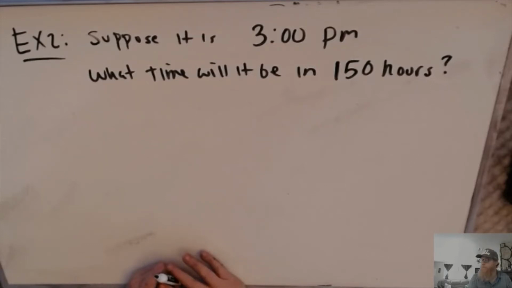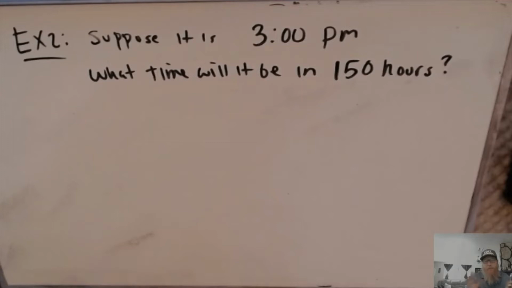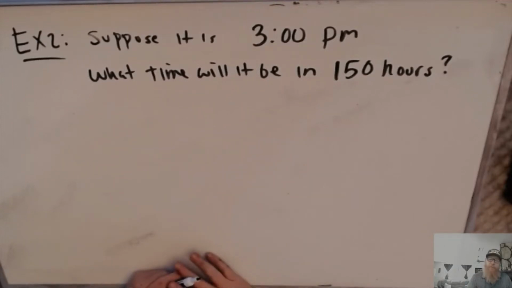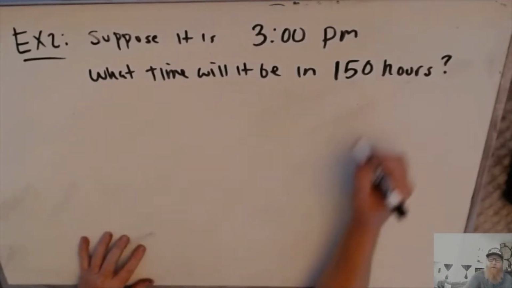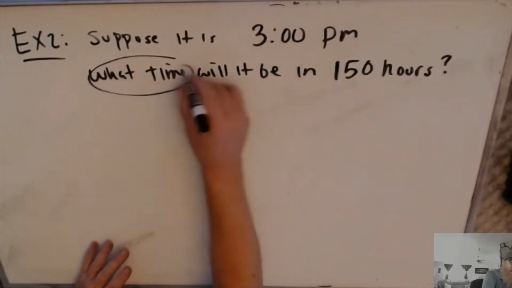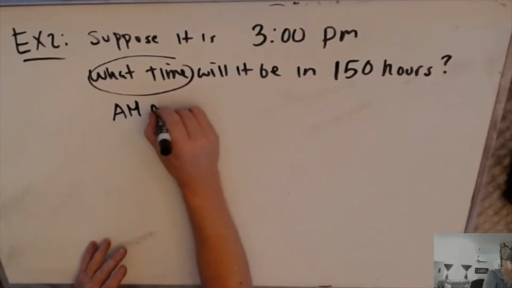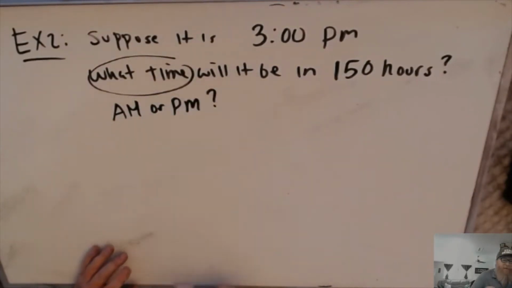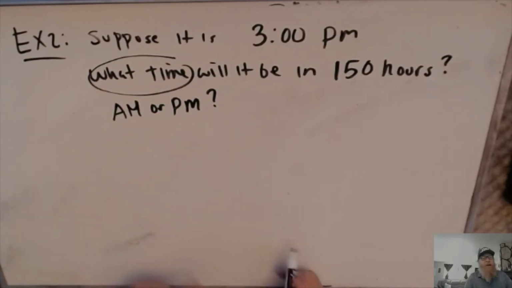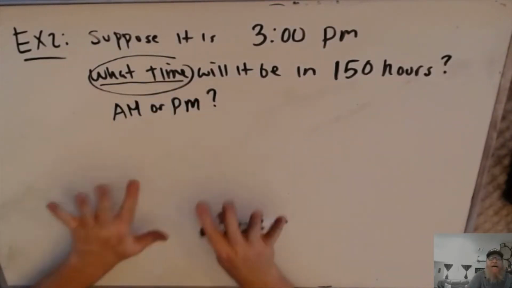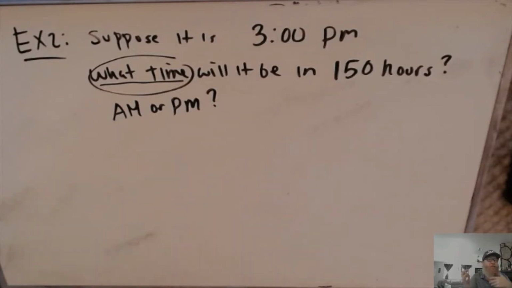Okay, so this one's a little tougher. Because I want to know whether it's going to be AM or PM in this particular question. So I'm asking specifically what time is it, AM or PM, not just what number is the clock hand pointing to, which is what I was asking earlier.